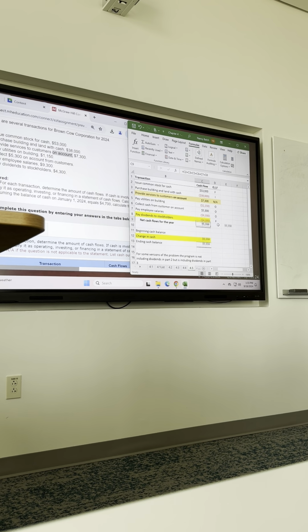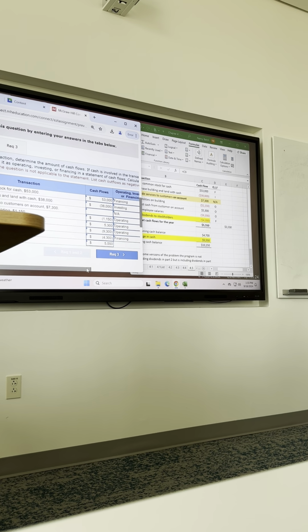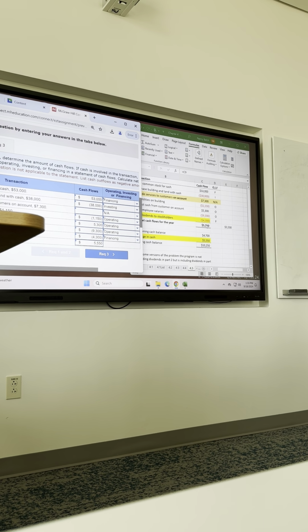The reason I highlighted this is that there were versions of the problem that didn't actually include the dividends. So, see, my beginning cash balance is $4,700. It says so in the problem. That should be my ending cash balance. There we go. So that's my cash flows for the year. Financing, investing, not applicable, operating, financing, that's the total.